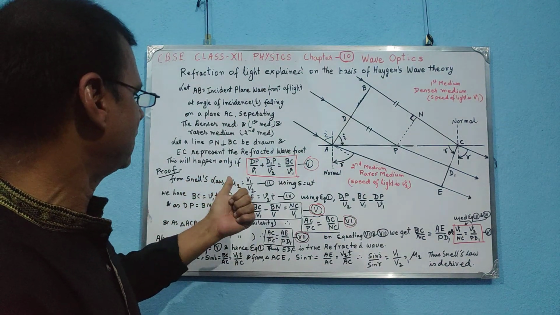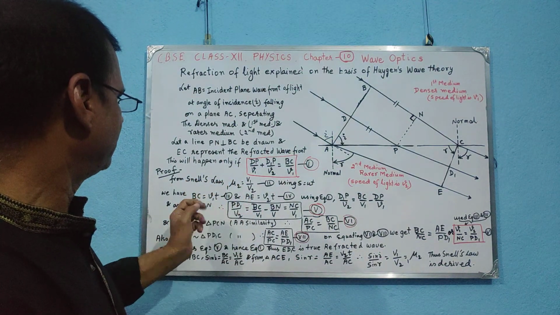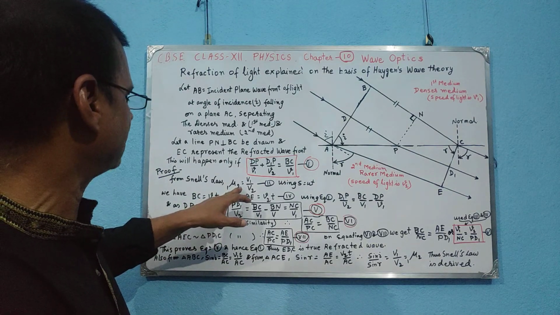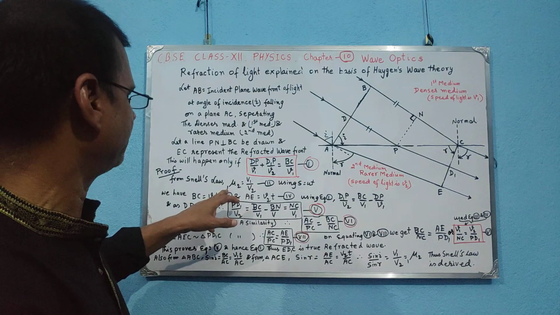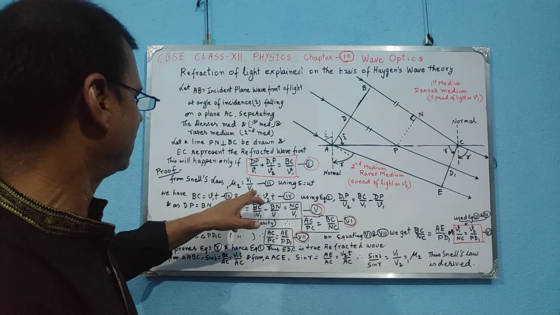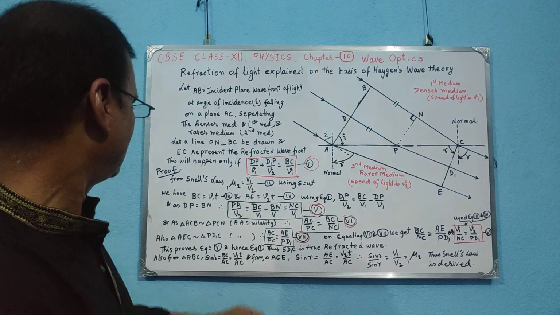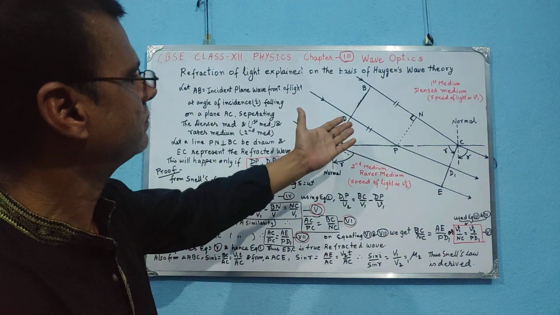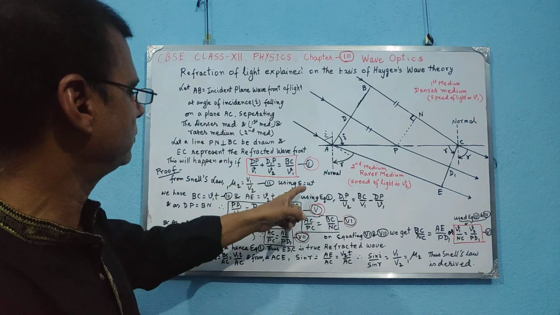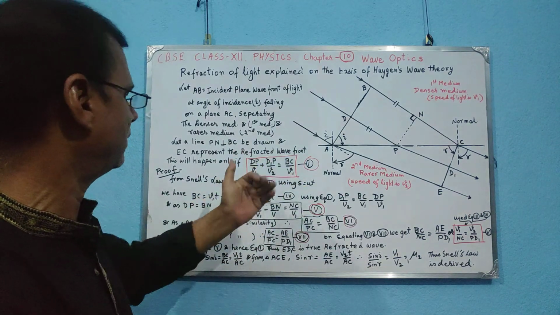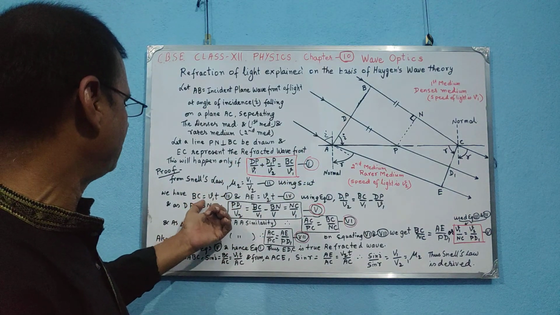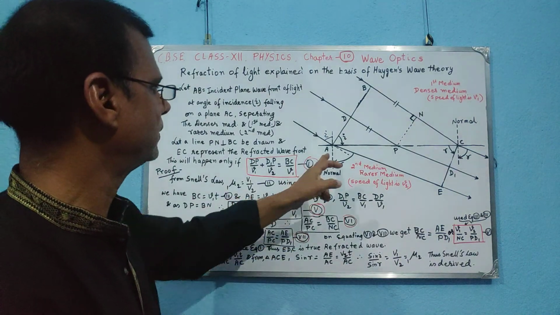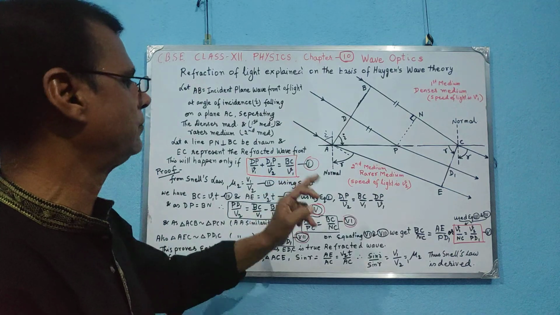Now from Snell's law, the refractive index of the second medium with respect to the first medium is equal to v1 upon v2. Also, using the equation S = vt that we have just discussed, we can write BC = v1 into t, and AE = v2 into t.